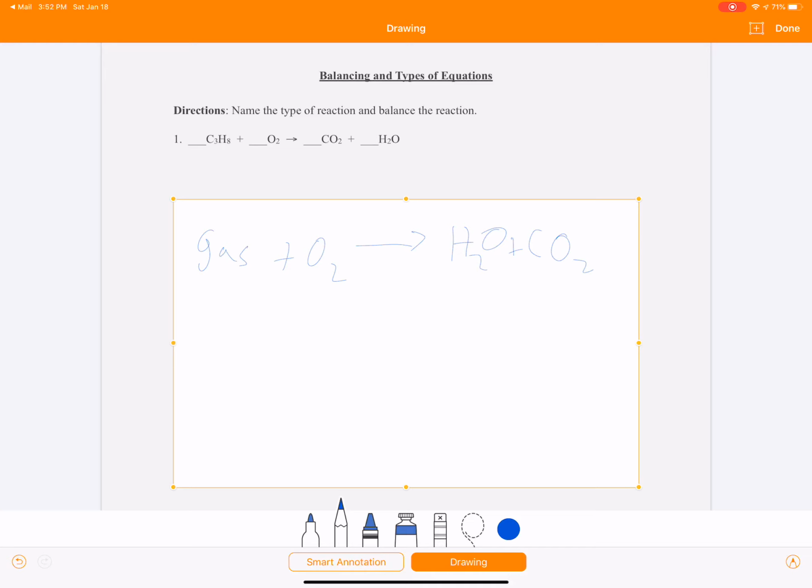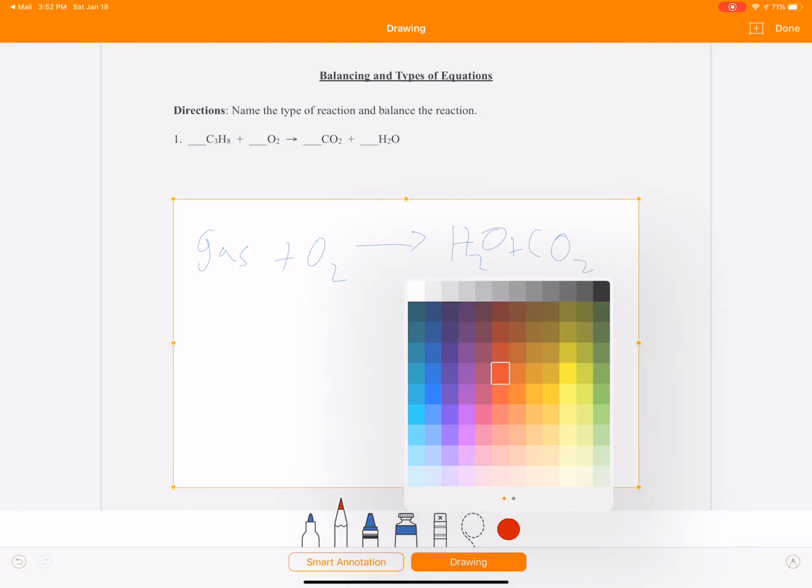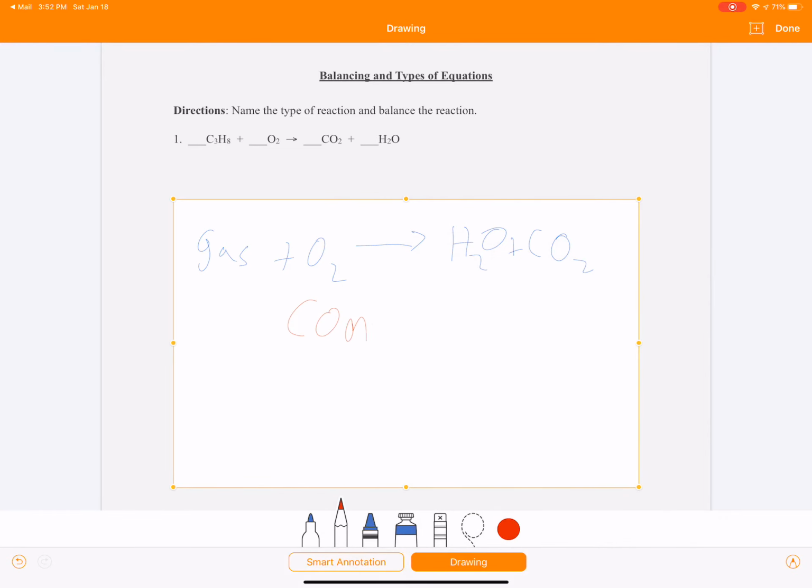And that is called a specific type of reaction, and that's called combustion. So that's a combustion reaction, so that's the first part. Now we have to balance it. And we balance equations by putting coefficients in front of already balanced reactants and products, chemically wise, charge wise.